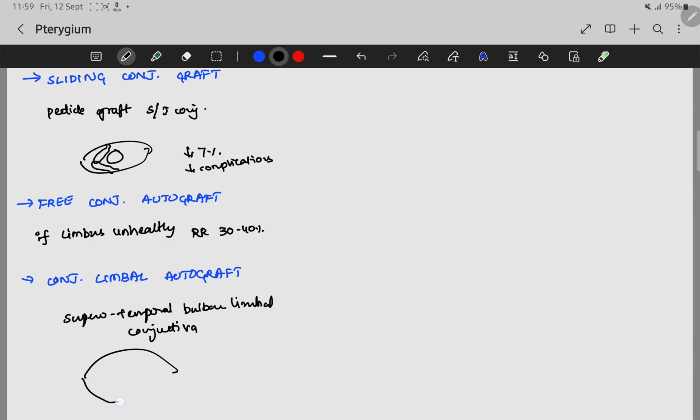If we consider this as the eye and this is the nasal side, we are taking a graft from this side, that is superior temporal. This is the graft along with the limbus which is taken, and this is then placed in the area where the pterygium is removed.